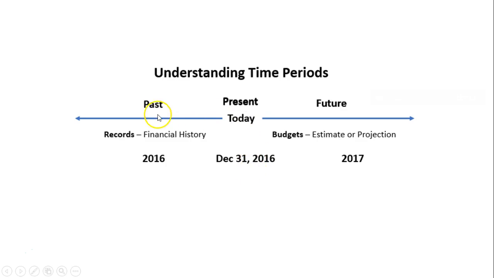And so we were looking backwards over 2016, and we would have kept financial records for that year, and those financial records then represent history of what's happened in the past, a financial history of our business over the past year. Now, standing here again at the beginning of 2017, we're going to be looking forward, and we're going to prepare some estimates or projections of what we expect to happen during 2017. And that's what we mean when we talk about a budget.